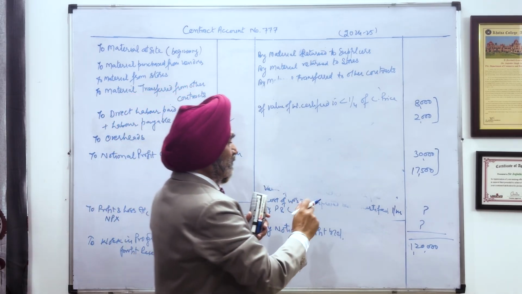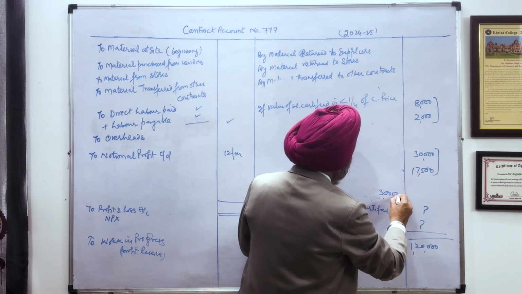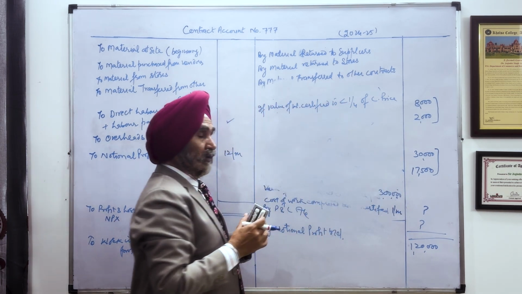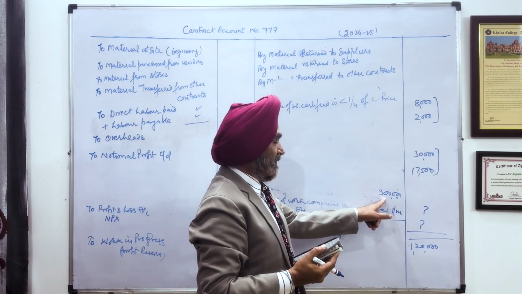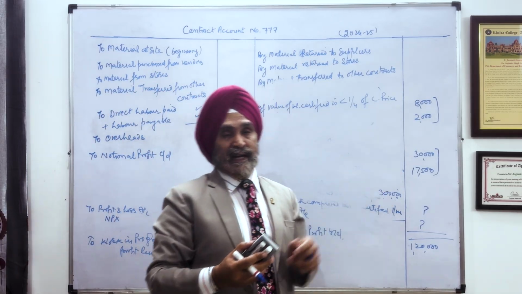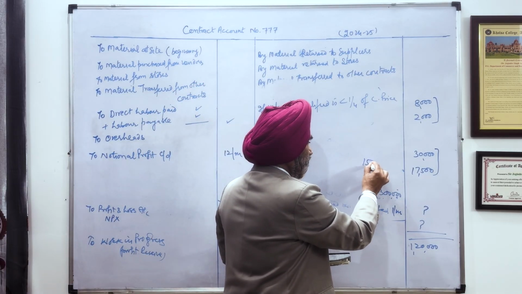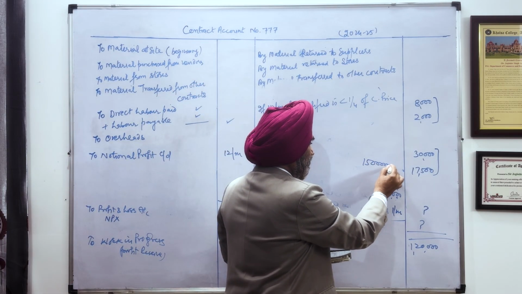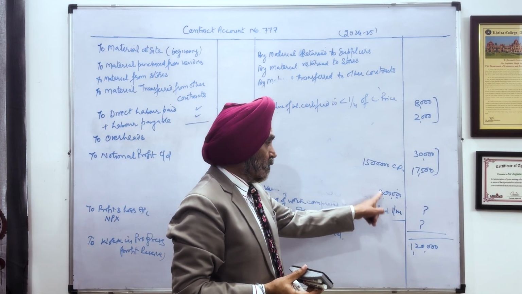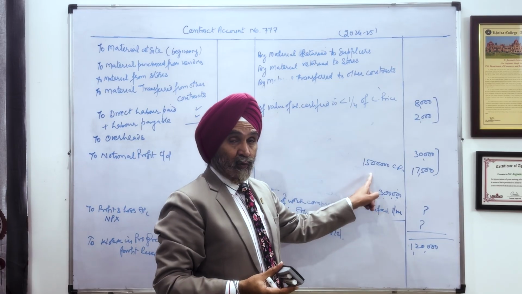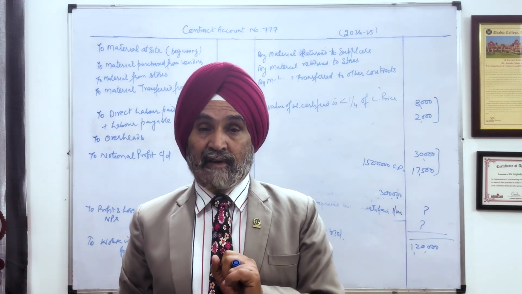Say the value of work certified is 3 lakh and the contract price is say 15 lakh. So with contract price 15 lakh and work certified 3 lakh, it comes out to be 20%, which is 1/5, less than 1/4.